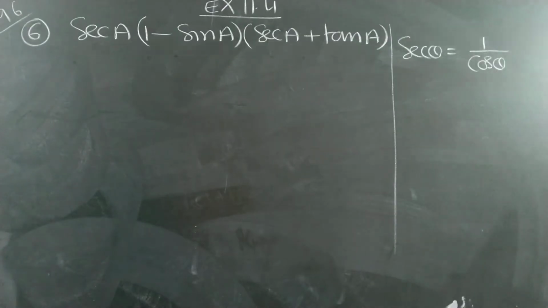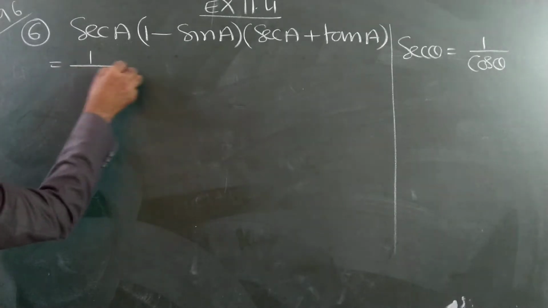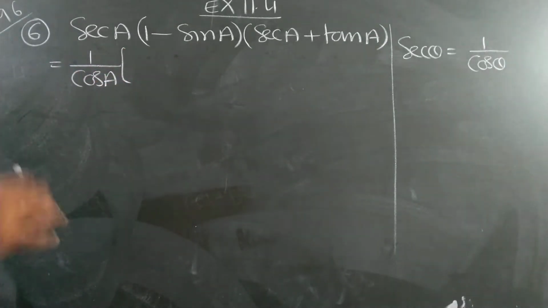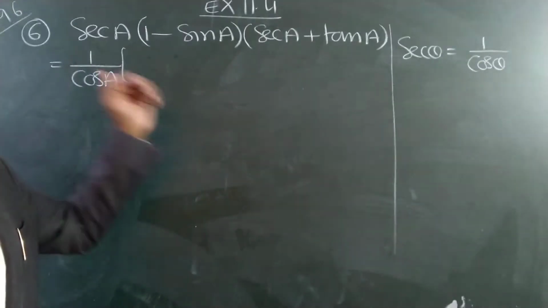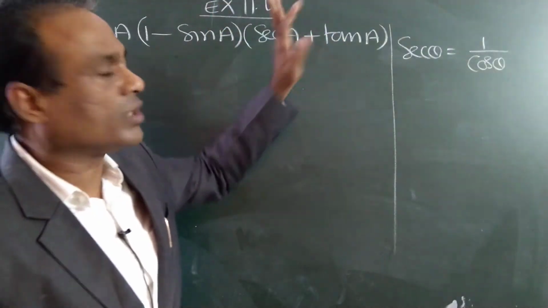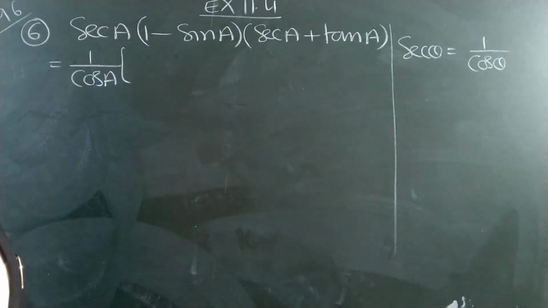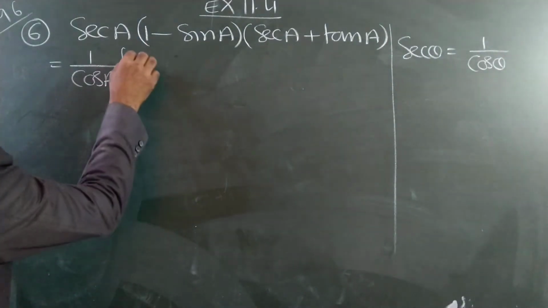Secant is a reciprocal of cos. So in place of secant A, I am writing 1 by cos A, because the total problem should be in terms of sin and cos, no other value. Remove secant, remove tan. Removing means changing into sin and cos. This 1 minus sin A I will keep same.